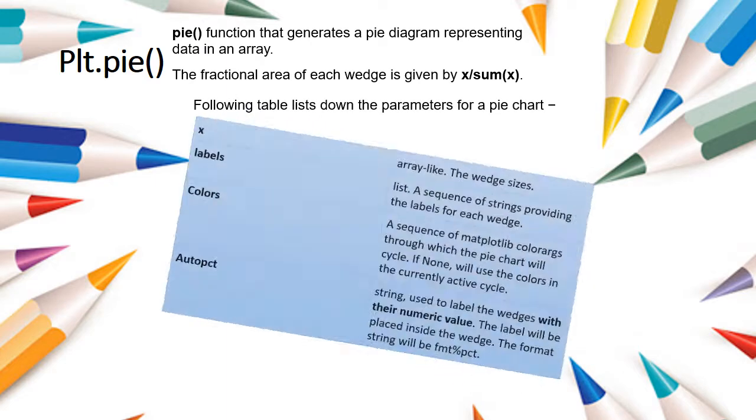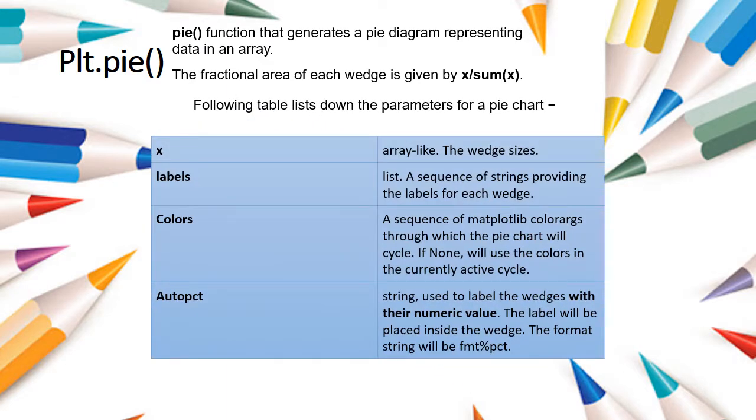The pie function has the following default parameters. x is the size of the wedges, and label is a string; I can give the label for each slice or wedge. Colors can also be given in a list format for each wedge. And autopct is used to represent the numeric value in a format, which we can give using the percentage symbol.